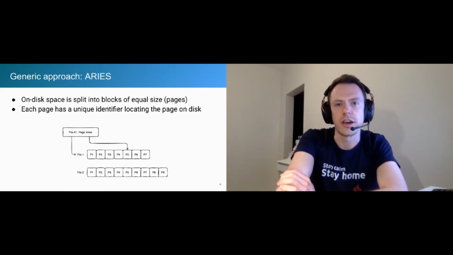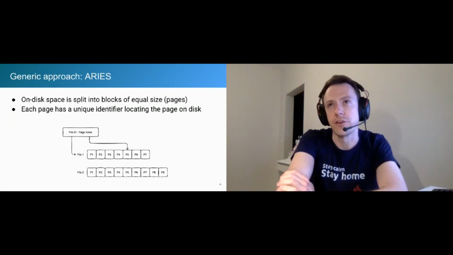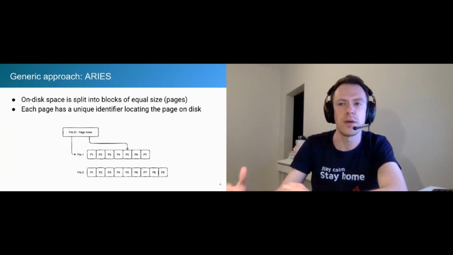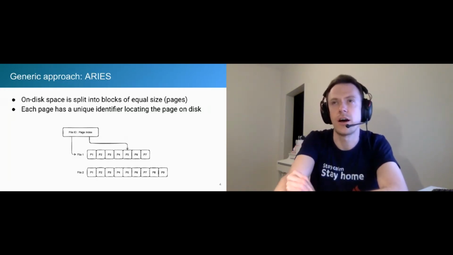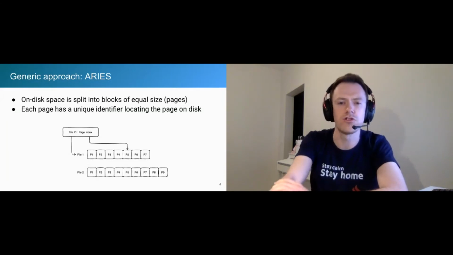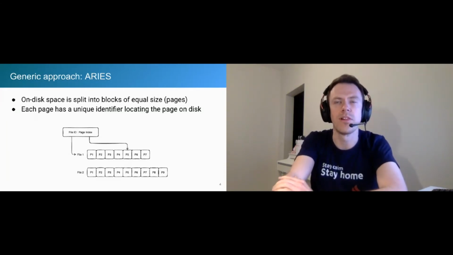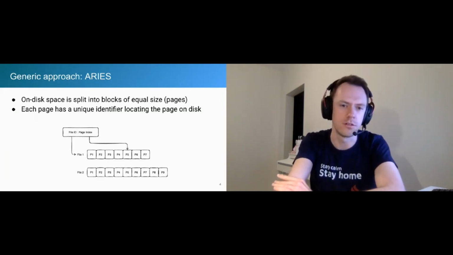Each page has a unique identifier. The ARIES paper doesn't specify how this identifier should look. It just requires that given an identifier, we should be able to locate this particular page on disk.